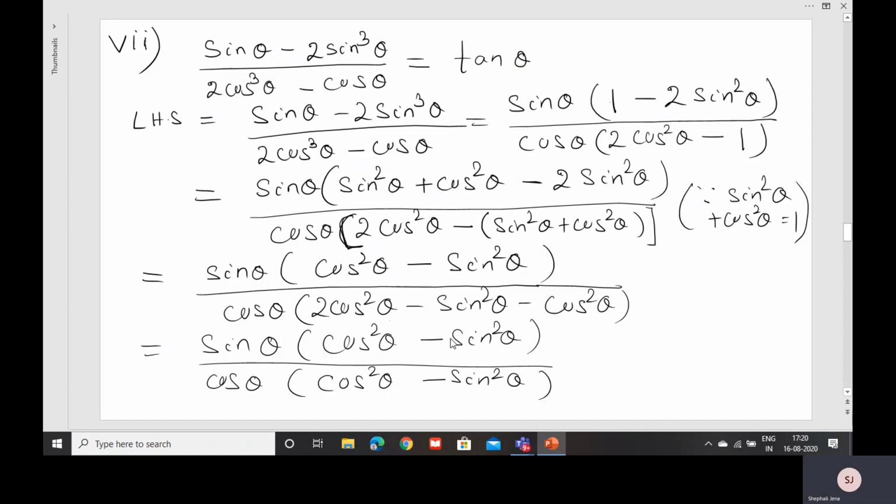Now in the numerator and denominator we have cos square theta minus sin square theta, so they will get cancelled. Only sin theta divided by cos theta is left, which is tan theta, equal to RHS. So therefore LHS is equal to RHS.